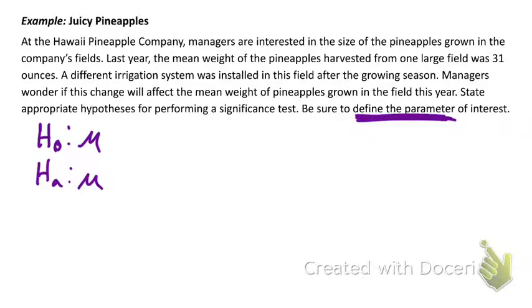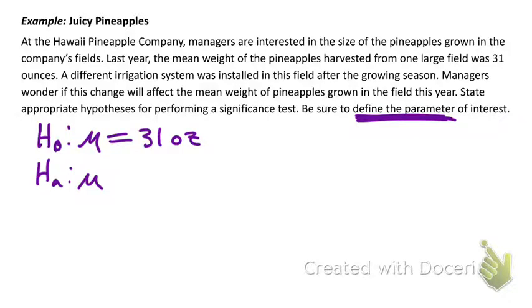Now, the null hypothesis is that the mean is going to be what the mean has always been unless we do something different, which we're trying to do. What was the mean of this field last year? The mean equals 31 ounces as shown last year.